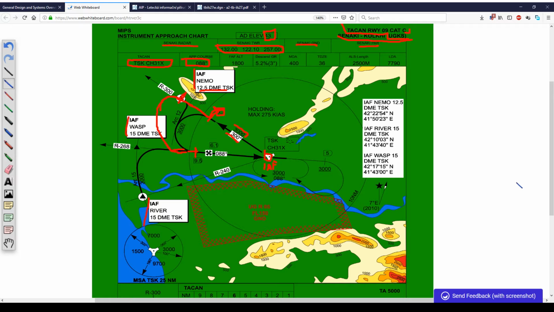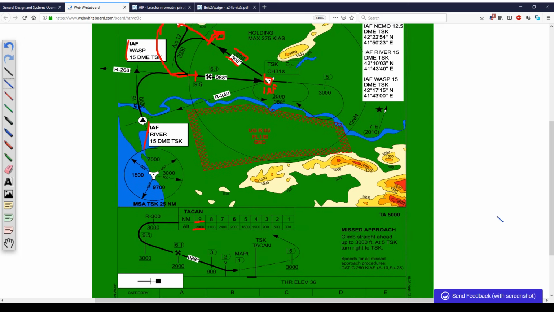And then you check the altitudes at the lower part of the approach, and you see here at 9 miles you need to be. Yes. And this is the most important thing for you, Karan.